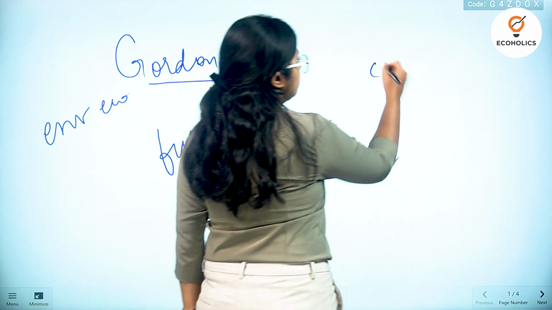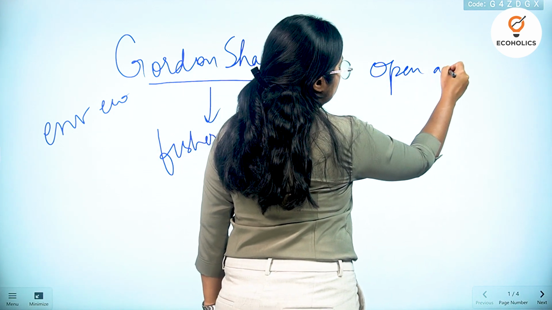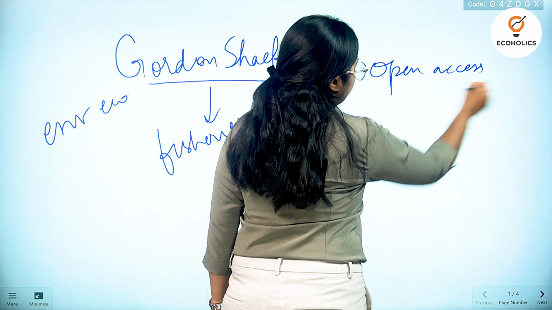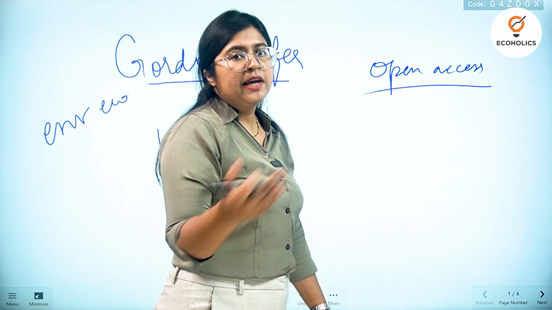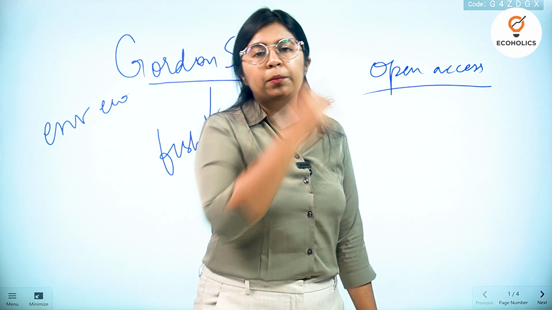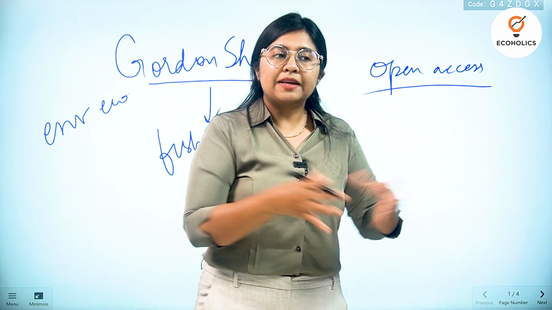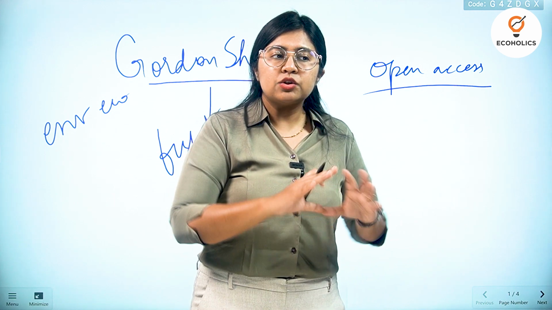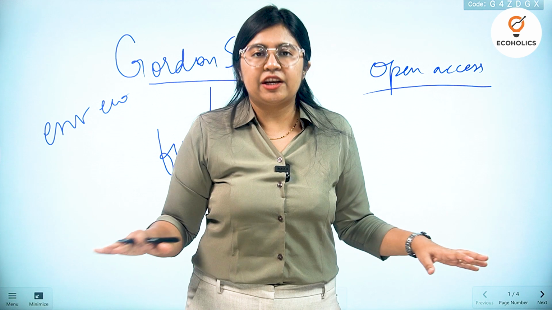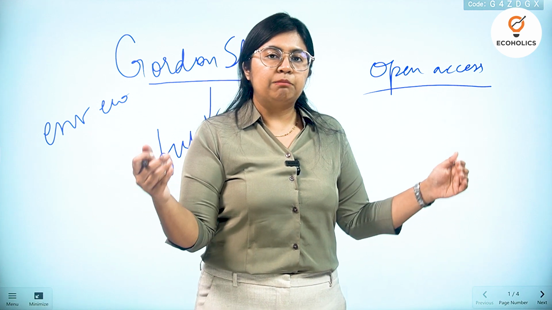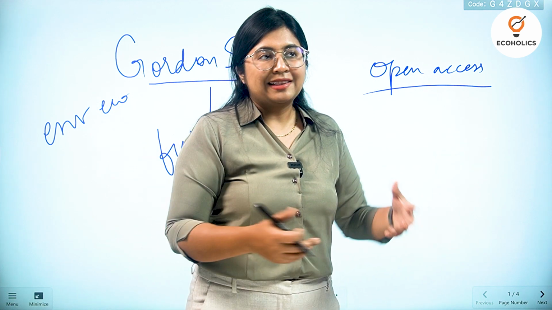Now, this model is basically for the open access resource. In environmental economics, we know that an open access resource is basically a resource which has no limitation to use.